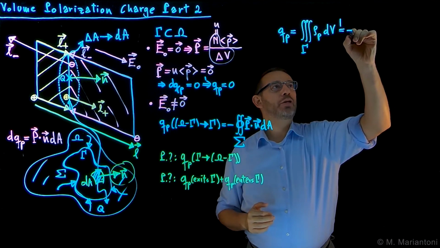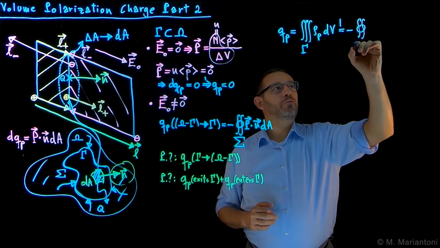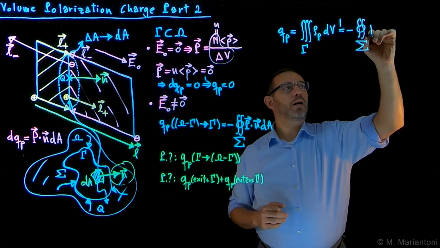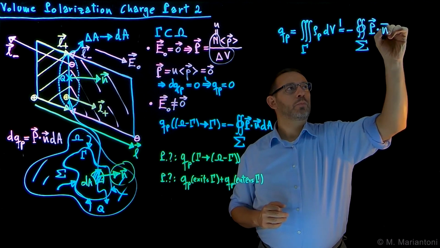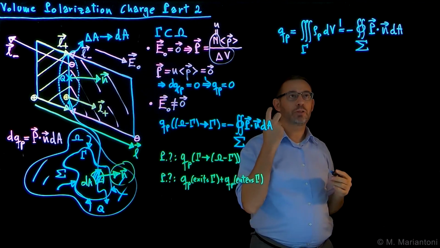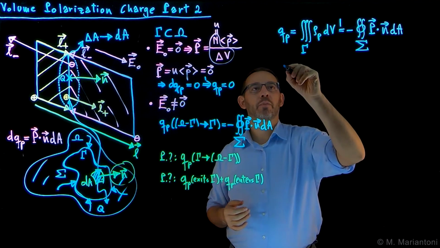And so it's minus, not to forget it, the surface integral on the boundary of capital Gamma, that is capital Sigma, of P dot n dA. Now here, immediately, you should remember something. Whenever you see something like this, obviously you need to use the divergence theorem.